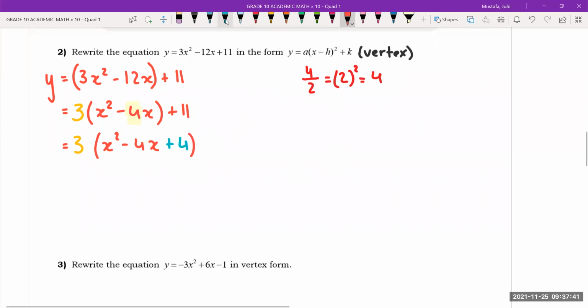And then what do we do to it out here? Krishna? We subtract 4. And the reason why we do that is because you can't just randomly add a number. You have to balance it out by subtracting the exact same number. But we always add it first, close a rounded bracket, and then we subtract it after.